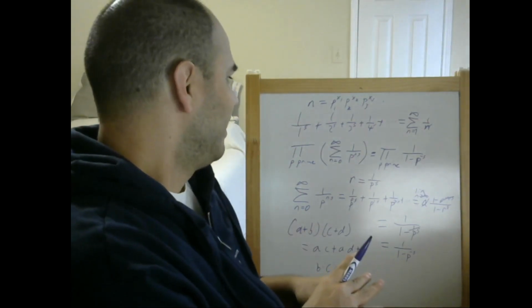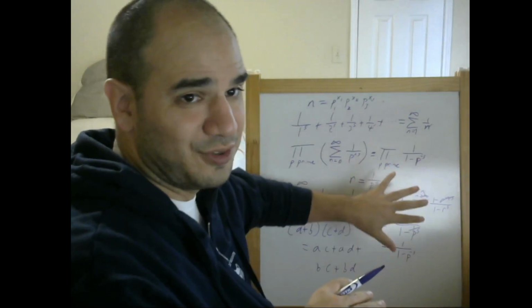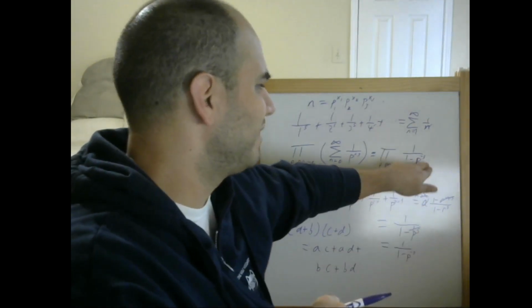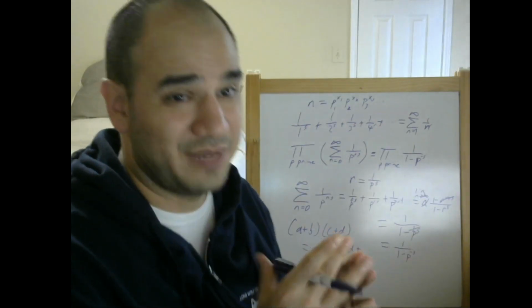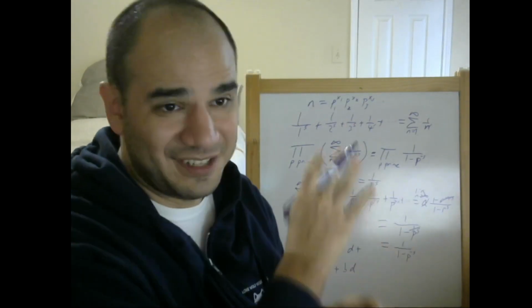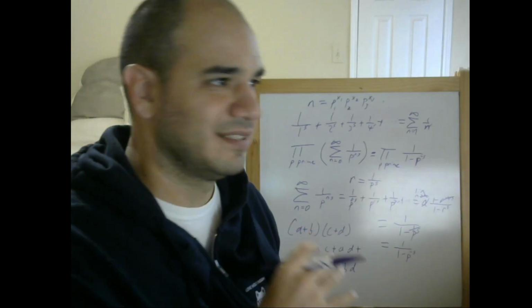So we have it in these forms, but this is only whenever the real part of S is greater than 1, whenever we haven't hit that infinity generated by the harmonic series.